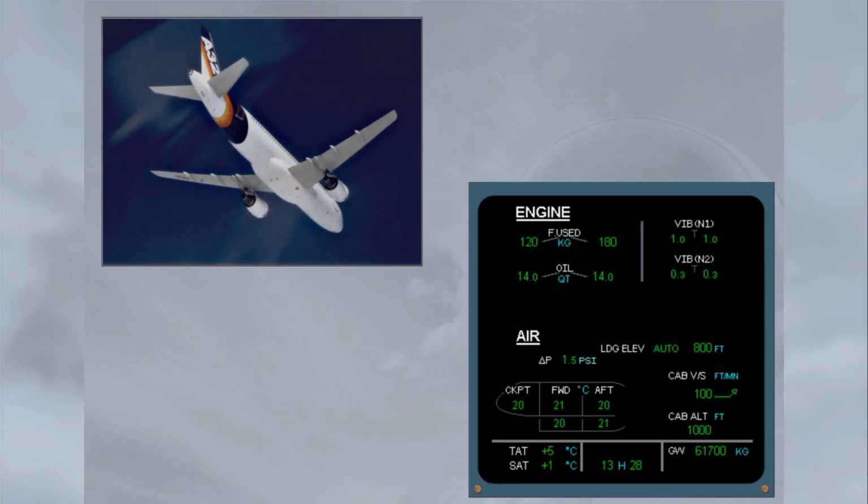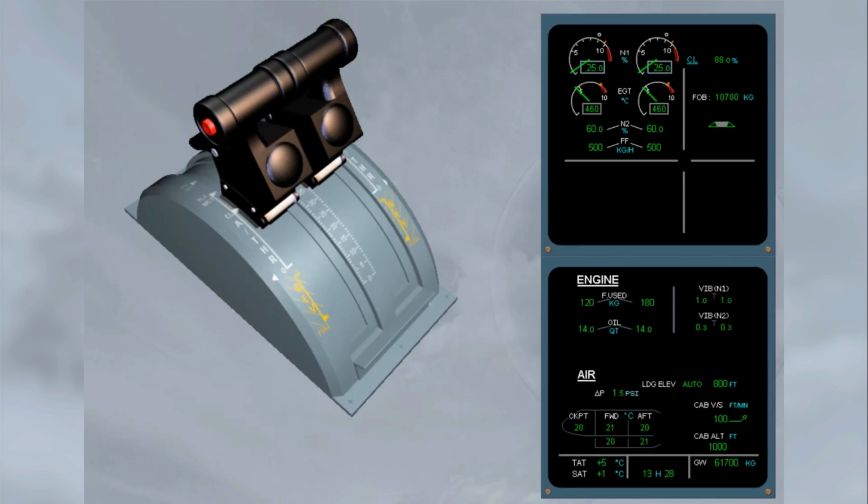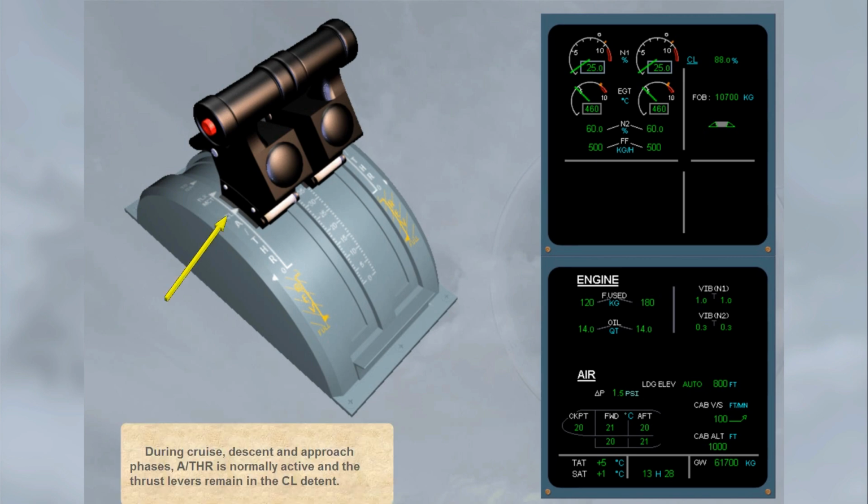The cruise page displays the fuel used for each engine, the oil quantity for each engine, and the vibration rate for N1 and N2. During cruise, descent and approach phases, auto thrust is normally active, and the thrust levers remain in the climb detent.